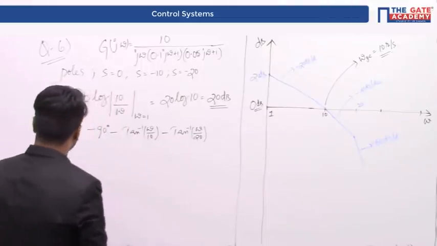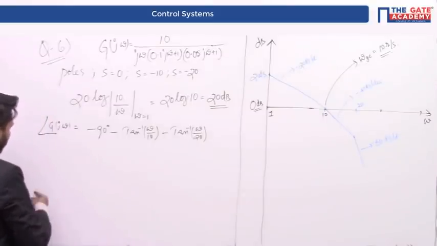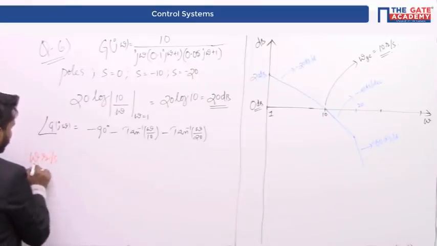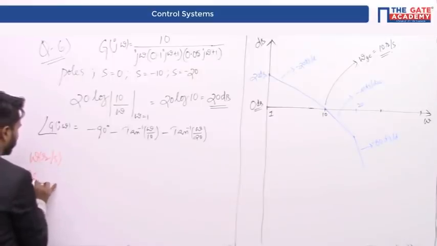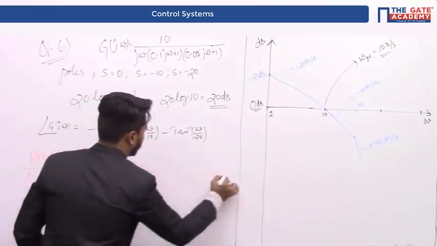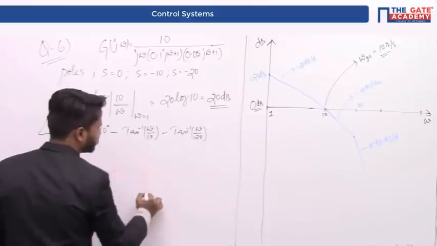So I am tabulating this in this manner. Here it is frequency omega in radian per second, and on the other hand it is phase, that is phase of G(j omega) in degrees. So let us tabulate the data as follows.